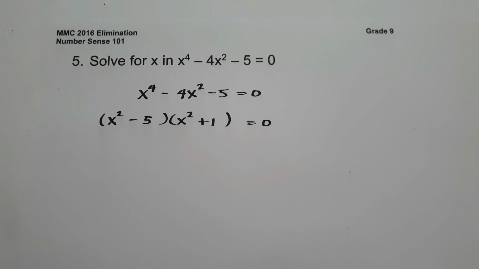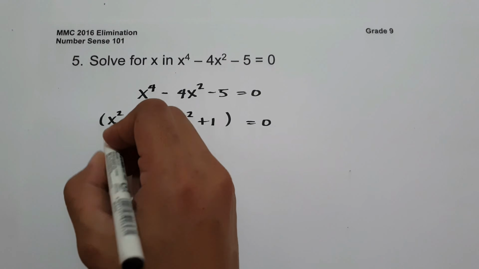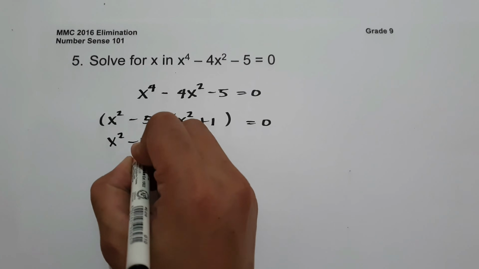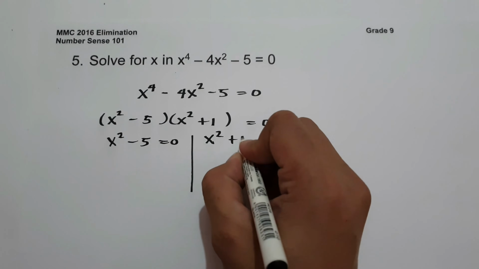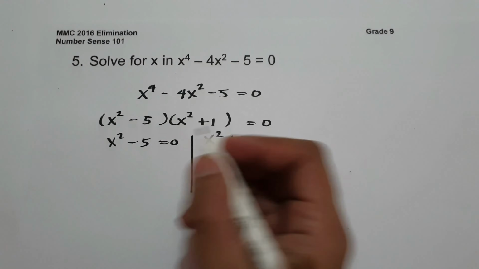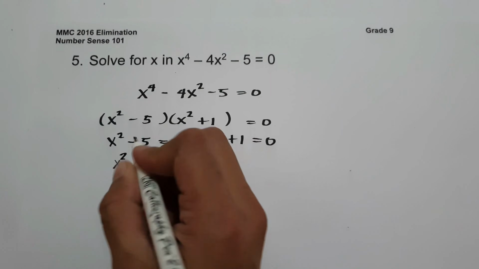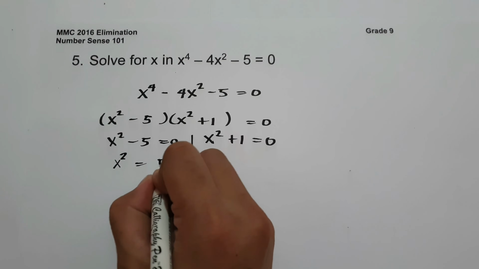Then, to find the value of x, we are going to equate this one to 0. That is x squared minus 5 equals 0. And x squared plus 1 equals 0. So let us simplify. We have x squared. Let us move negative 5 to the side of 0. That is positive 5.